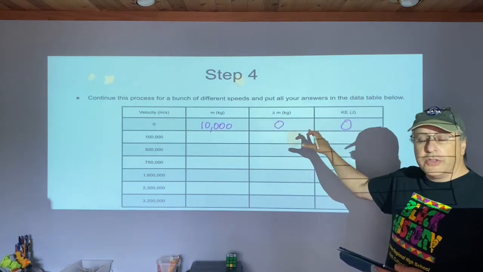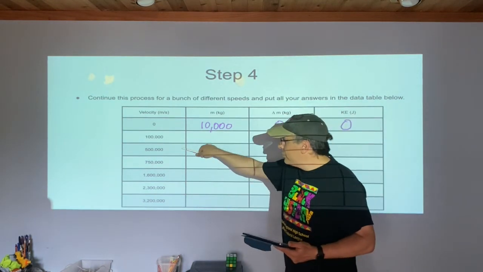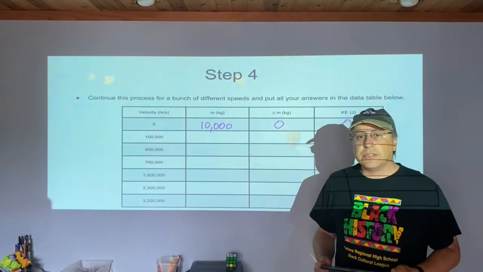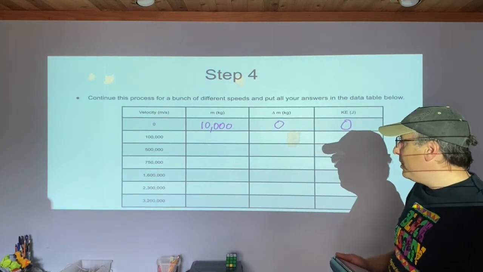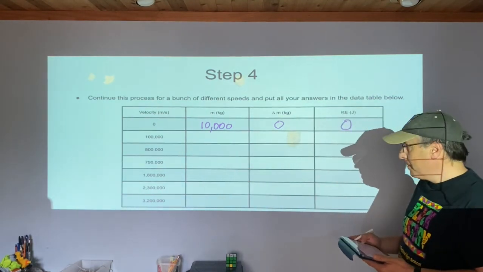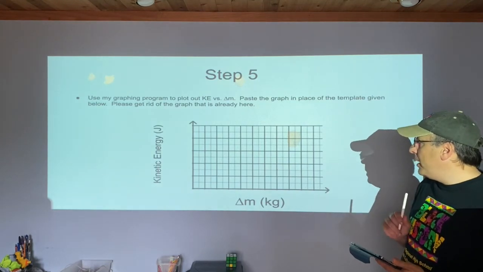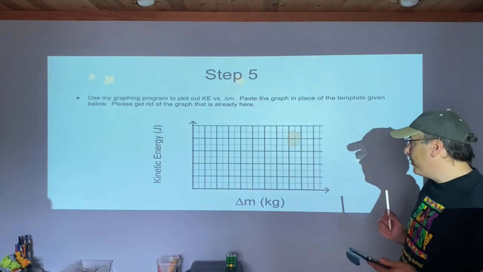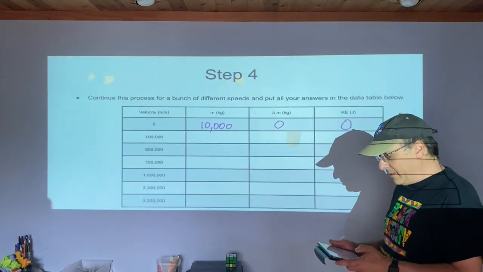You're showing all those calculations on the previous slides. You do not need to show them for all these other trials. You are then going to repeat the process that you went through for all of these different velocities. You're then going to plot out a graph using my graphing program of the change in mass versus kinetic energy.